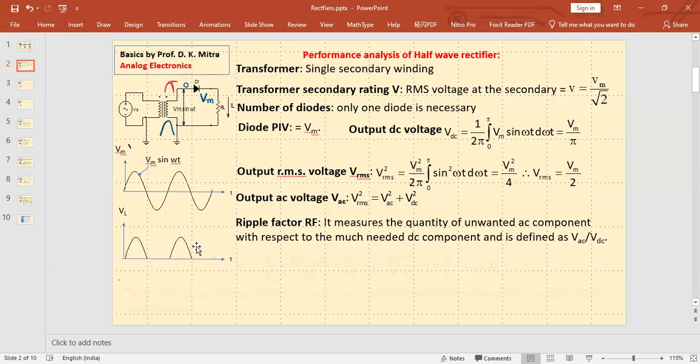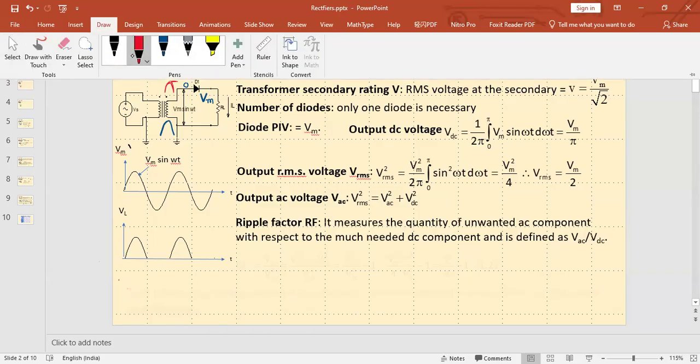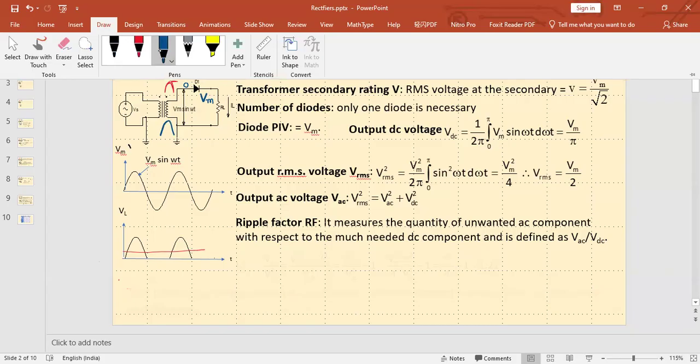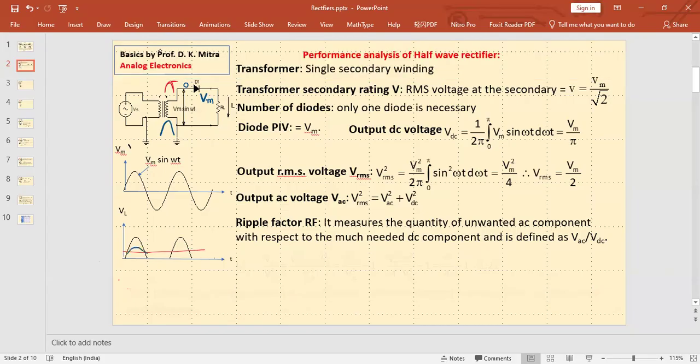It will have a steady RMS, average DC value, and over and above this average DC, it will have some varying non-DC components. I have drawn a sine curve, but actually it is not a sine curve; for drawing, a sine curve is easy. So I have drawn a sine curve, right?